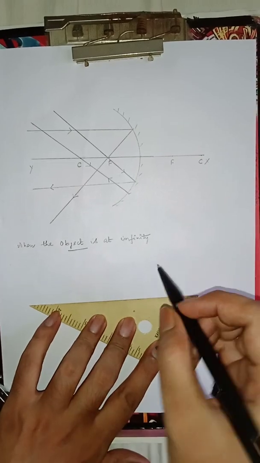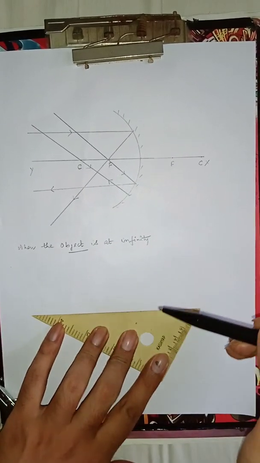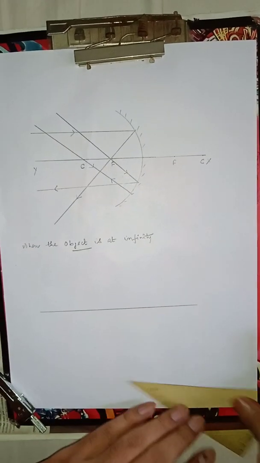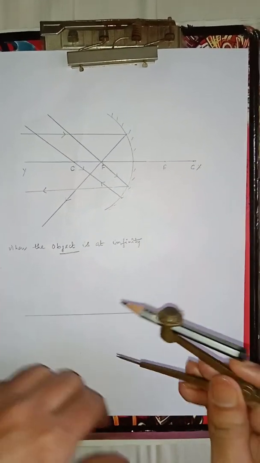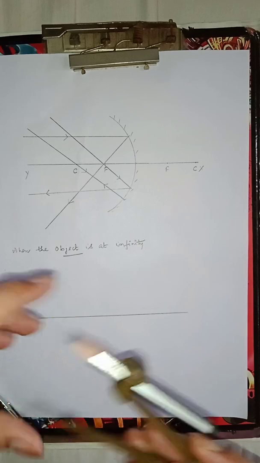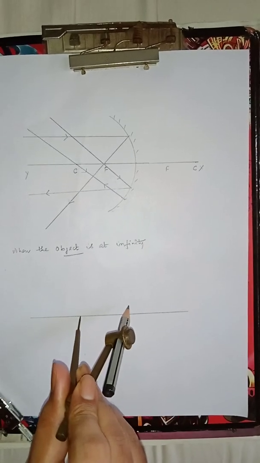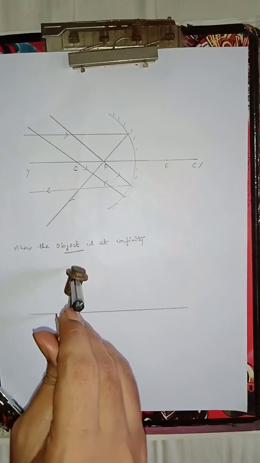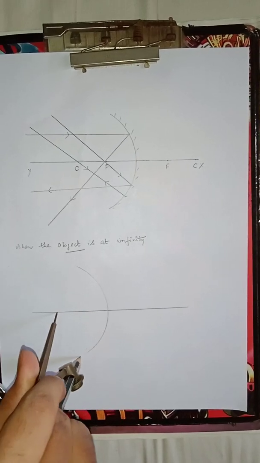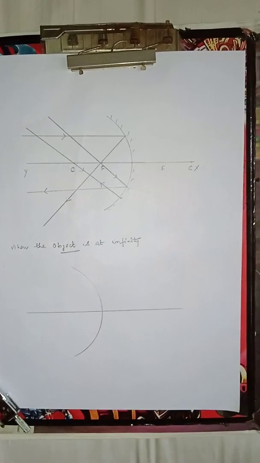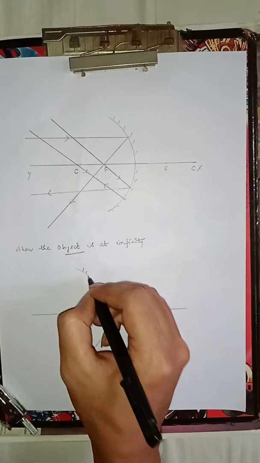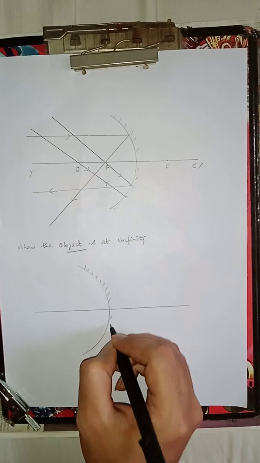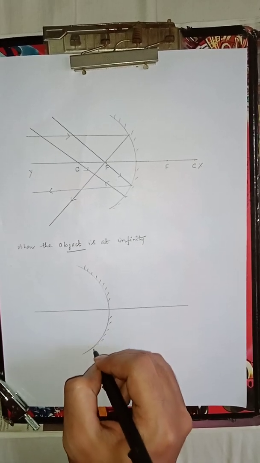So I am drawing a straight line. Now I will take an arc of any length and draw this arc, which is our concave mirror, and this is the dash side or the back side of the concave mirror.